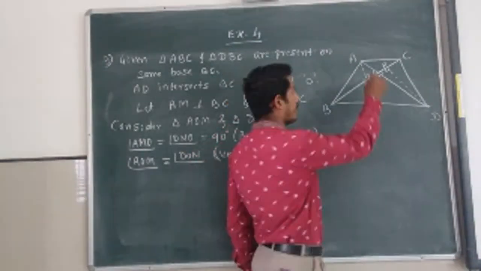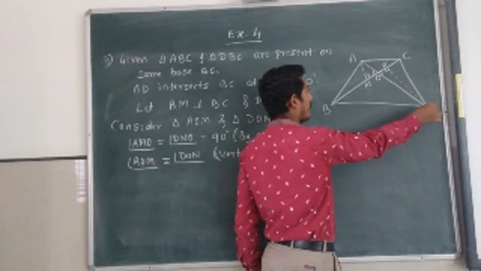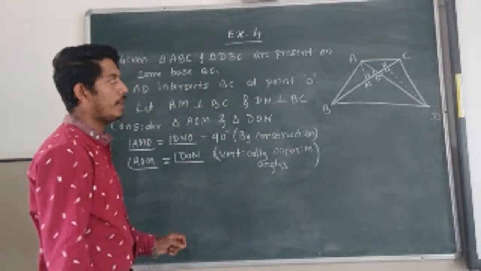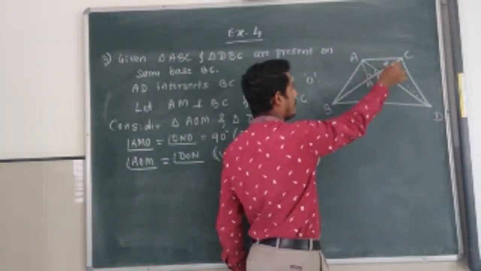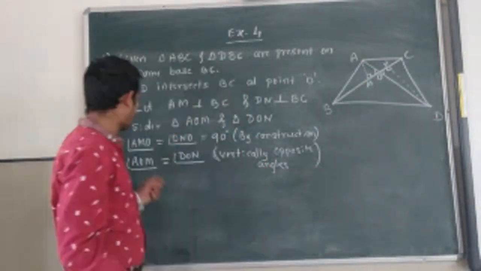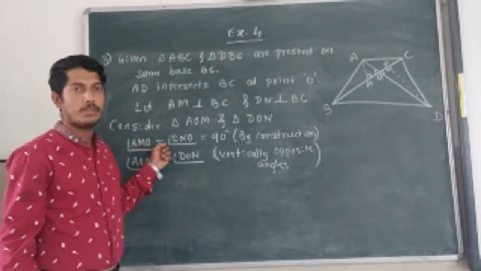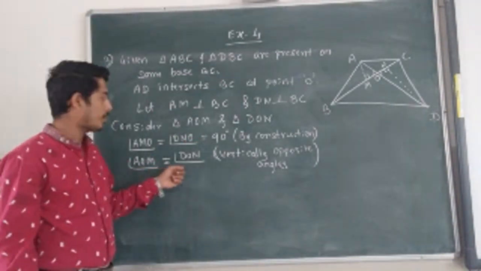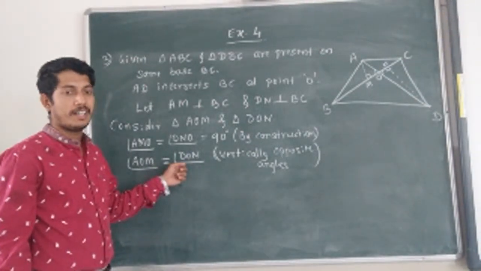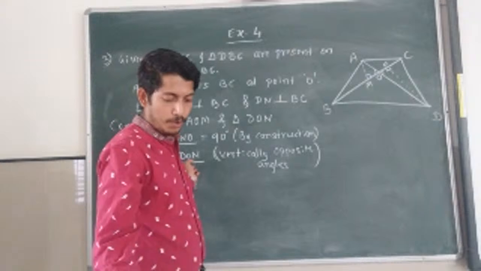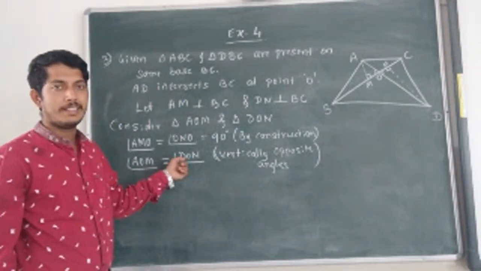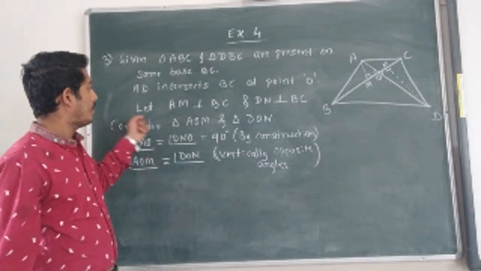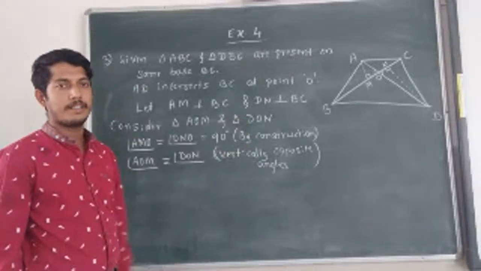Then I consider triangles AMO and DON. Here these two angles are equal to 90 degrees. That is, angle AMO equals angle DNO equals 90 degrees by construction, and angle AOM equals angle DON because of vertically opposite angles. Therefore, when these two angles are equal, triangle AOM is similar to triangle DON.